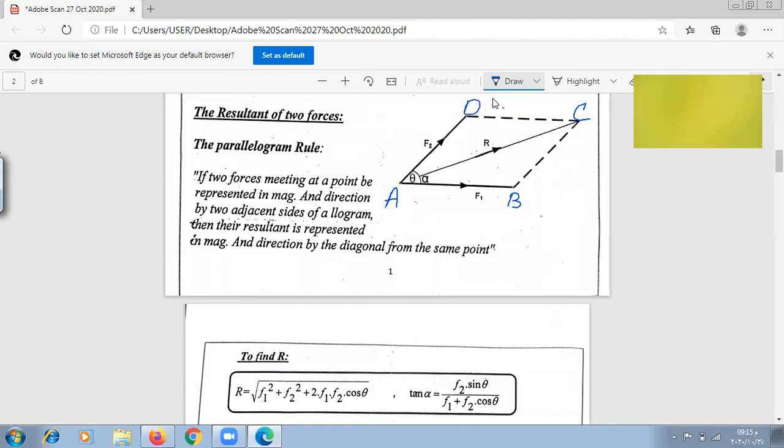Previously, we know that AB vector plus BC vector equals AC vector. So the resultant of the two forces, F1 and F2, will be the diagonal of the parallelogram AC.